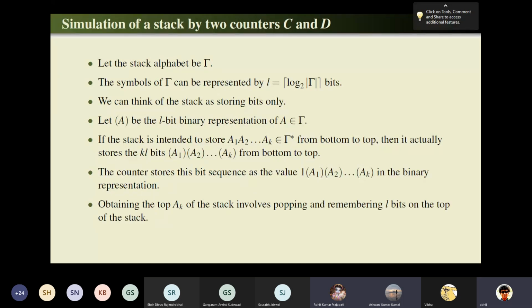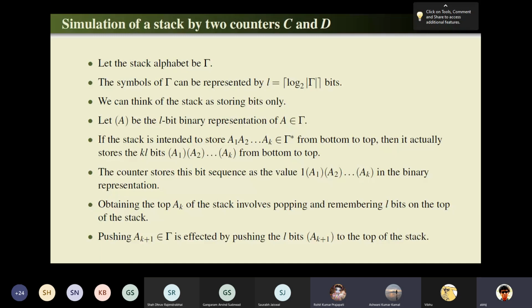And as I mentioned, obtaining the top means popping and remembering L bits. This remembering can be done in the finite control because L is, after all, a finite quantity. Pushing means if you want to push a new symbol, just push L bits. So this formalism, or simplification, lets us assume that it's a bit stack.